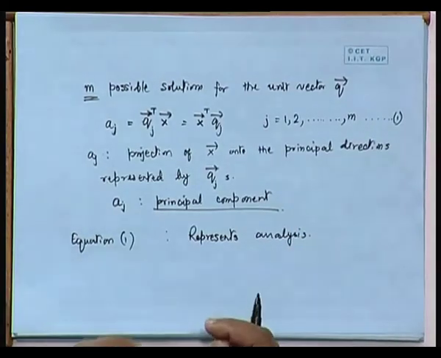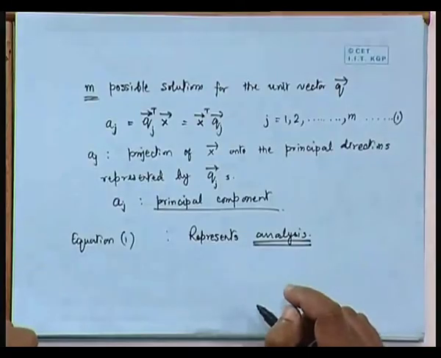So, what is meant by analysis? Where we are projecting x into a new space. We are projecting x into the qj space, and the projections that we get are the principal components. So, this is called the analysis.